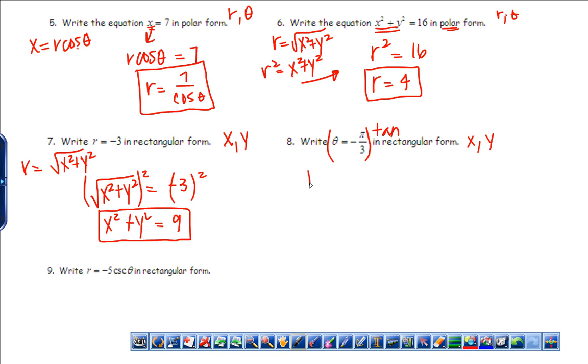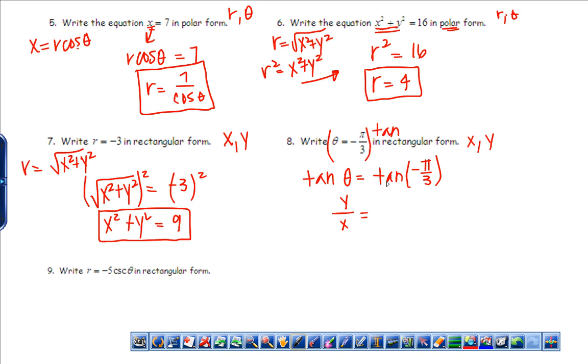So that's going to give me a tangent of theta, and that's going to give me a tangent of -pi/3. So what is tangent of theta equal to? Well, what we were doing in the previous problems is we know tangent of theta is equal to y over x, which is awesome. We got rid of our theta.